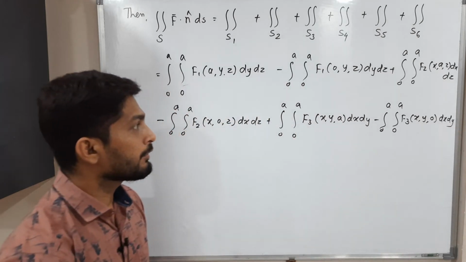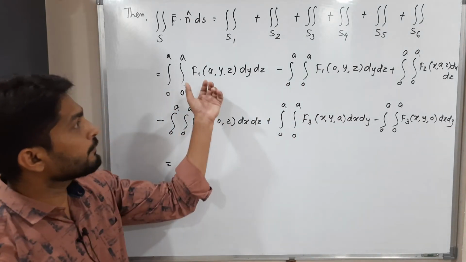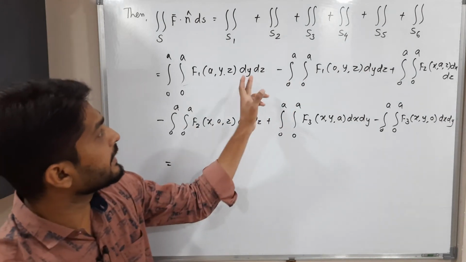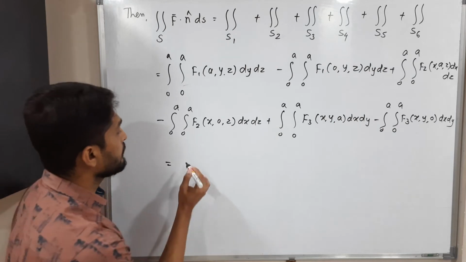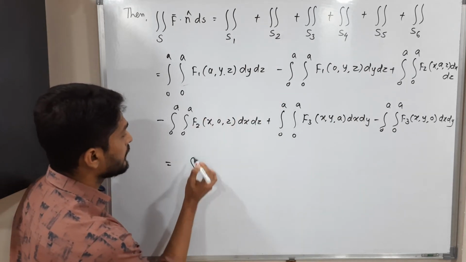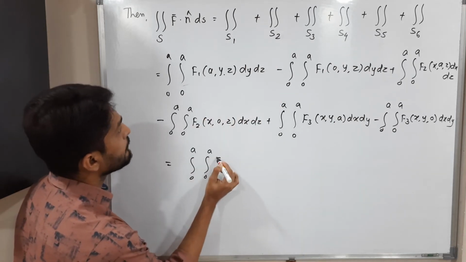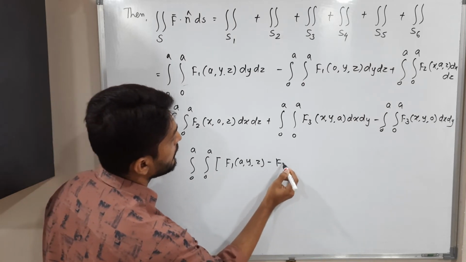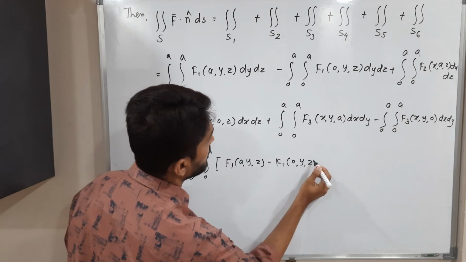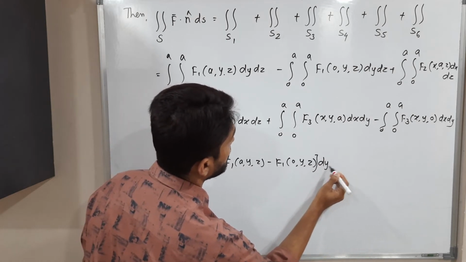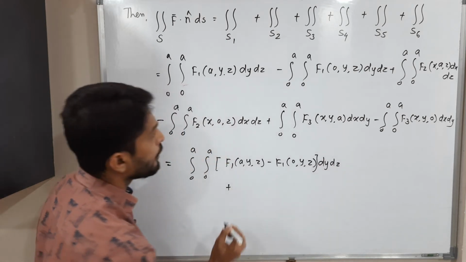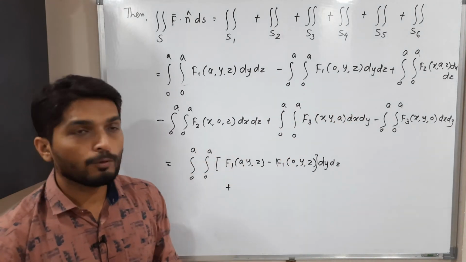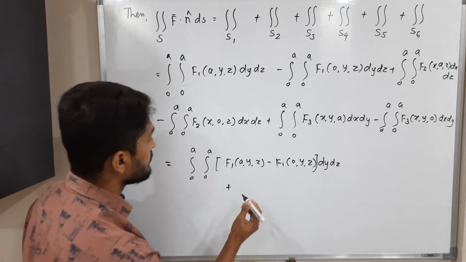Okay, so what will we do here? From the first and second integrals, tell me what can we take common? We can take dy dz common. Let us do that, and the integration also we can take common, 0 to a, 0 to a. So in the bracket we will have f1 of a y z minus f1 of 0 y z, bracket complete, dy dz. Tell me from the third and fourth integrals, what can we take common? We can take the integration common as well as dx dz, so obviously it will come outside.